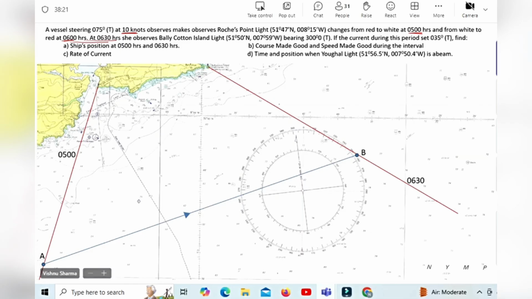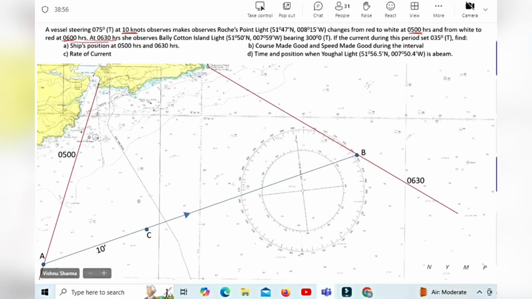You will open your compass 10 miles. Put the compass at A, or you can use the divider, that's up to you. Put the compass at A and cut a point on the CTS line, and that point will be point C. So where has C come from? C has come from A, at a distance corresponding to the engine distance in the interval between first and second PL.